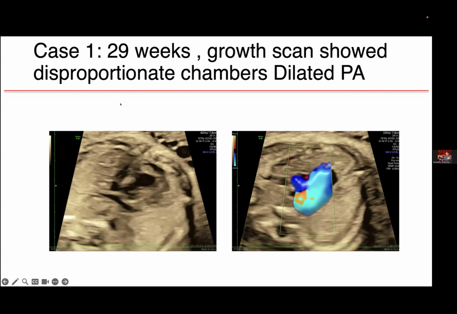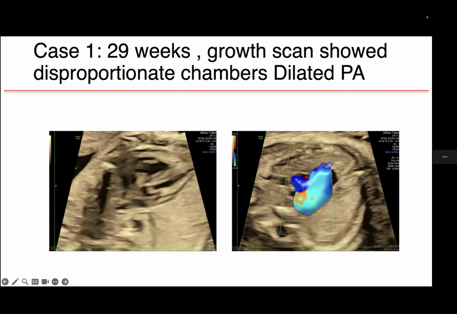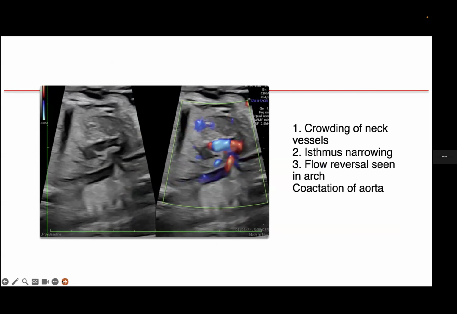Yes. Okay. So as we have well discussed the factors for picking up coarctation of aorta in fetal life, among all factors, the dilatation of the right heart remains the very important initial suspicion. Then there is flow reversal in the arch of aorta, and flow reversal across the foramen ovale.